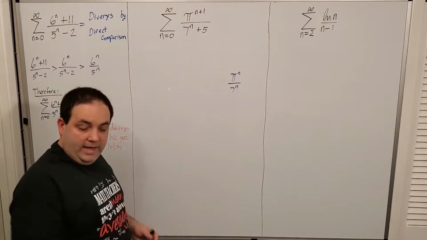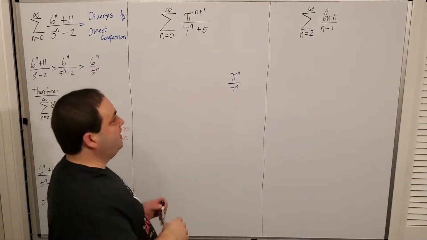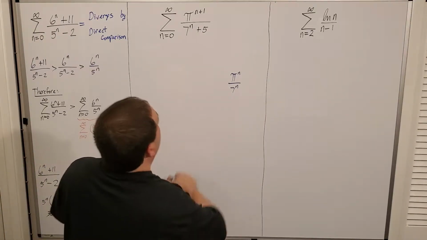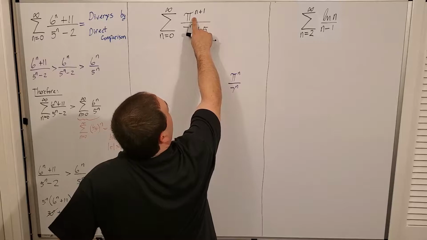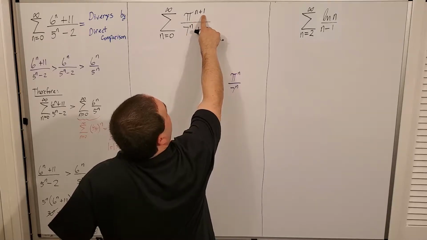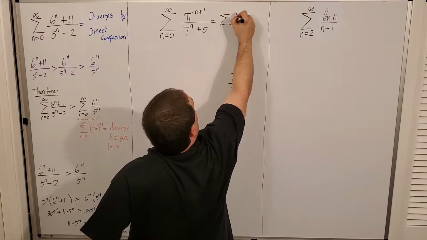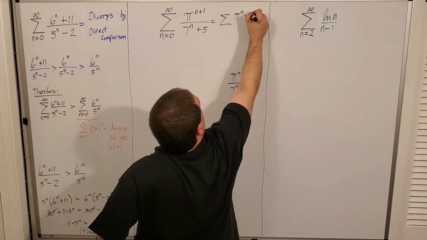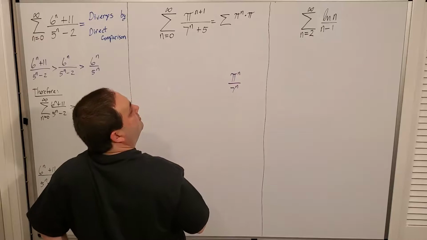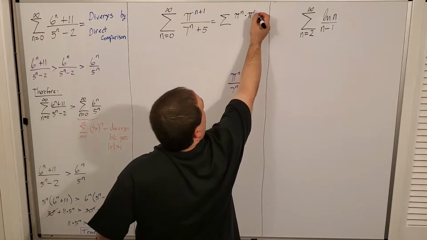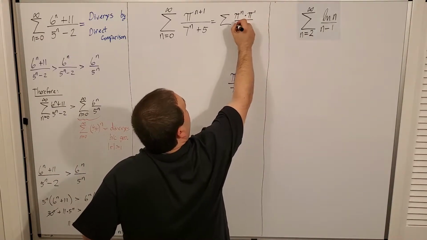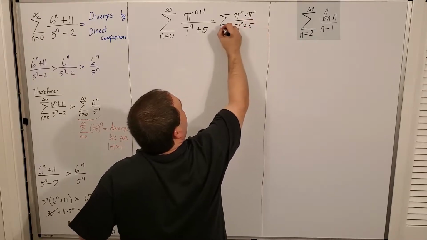Okay, so I could actually on the side fix this by just factoring out a pi here. Remember, pi to the n plus 1 is the same thing as pi to the n times pi. Right? Because that's just pi to the 1, basically. And my denominator is going to be unchanged.